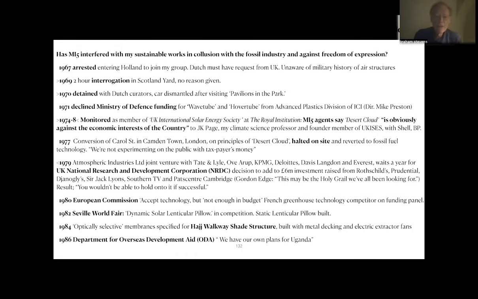The work in Africa, I contacted the Department of Overseas Aid, and they said simply, we have our own plans for Uganda. A very curious incident. I met an officer of the Energy Technology Support Unit, called ETSU, working out of Harwell, who was a government organisation for funding renewable energy.